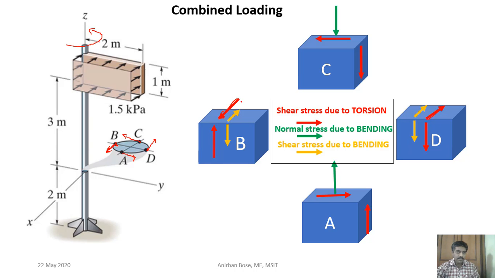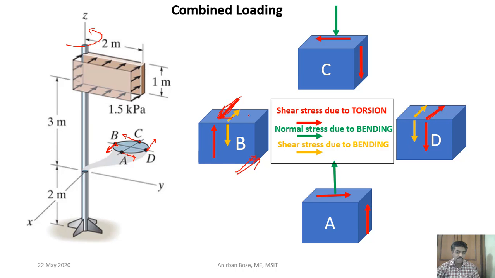Clear? If at B it is this one, then definitely the opposite will act at the bottom, and to make it equilibrium, shear will act on these two opposite surfaces. That is why this shear is also present. Okay, you have understood, I think. At this point this is there, so at the bottom it will be in the opposite direction.